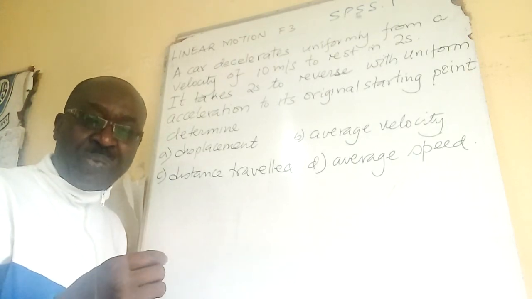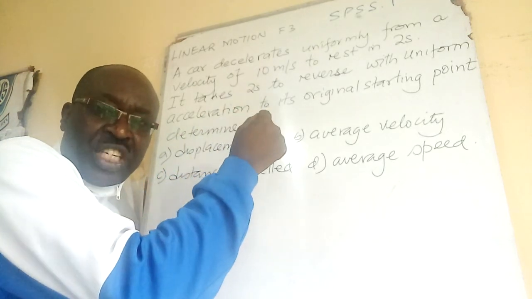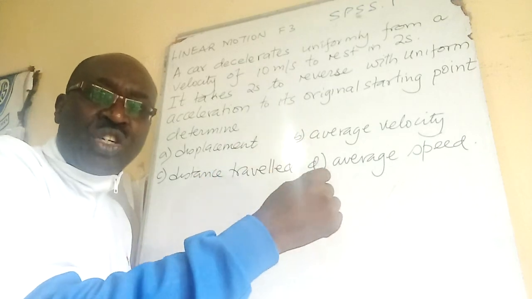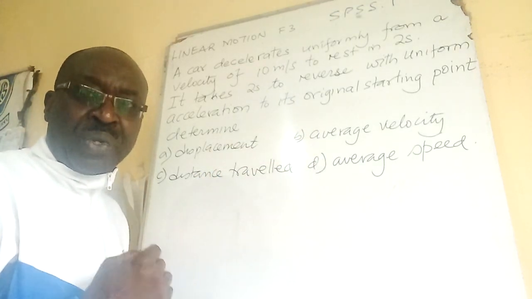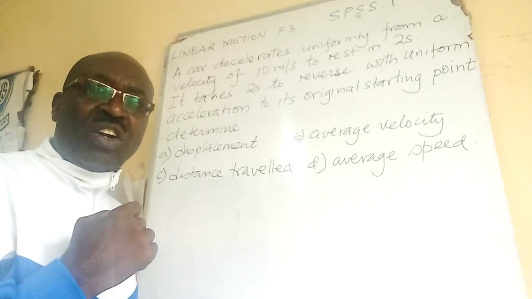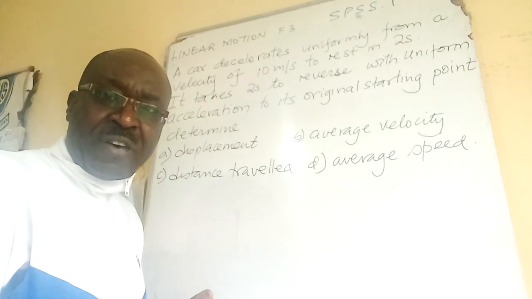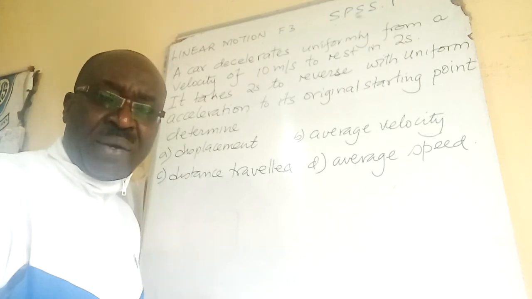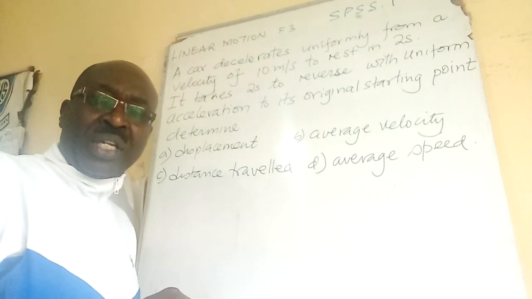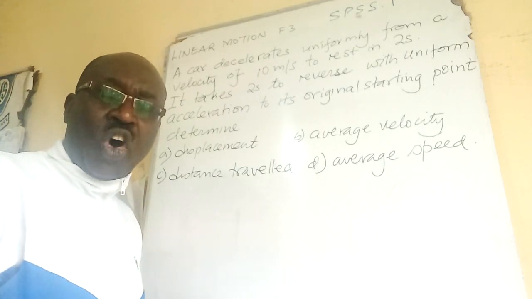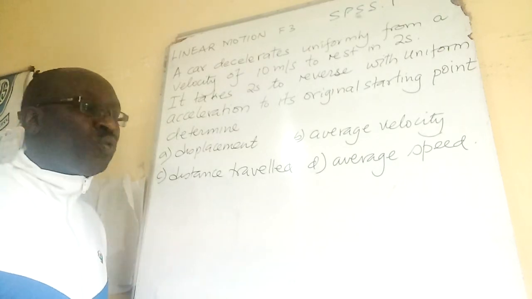That is what we mean by deceleration: a higher velocity dying out within a given time. But when we have a velocity building up from maybe 5 to 10 meters per second, to 15 meters per second, to 20, that is what we call acceleration. So let us look at a few questions.